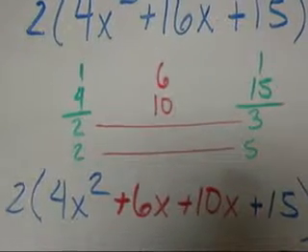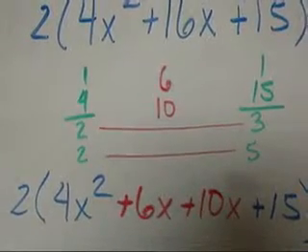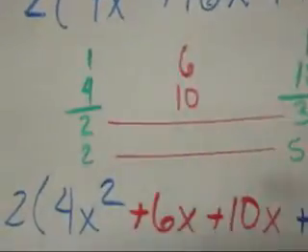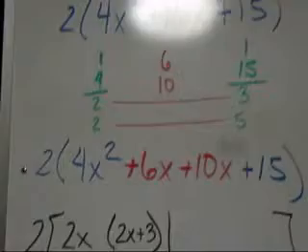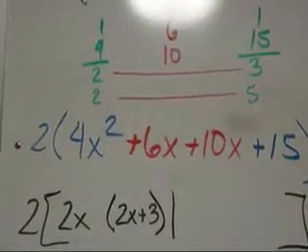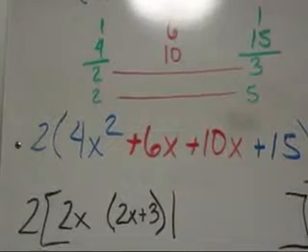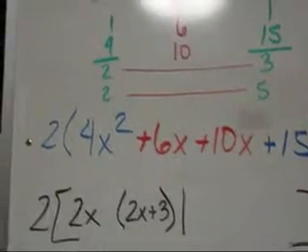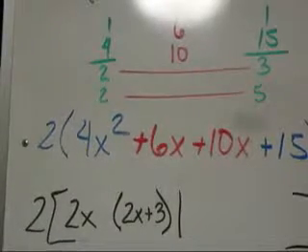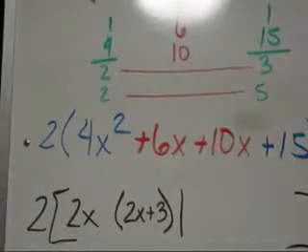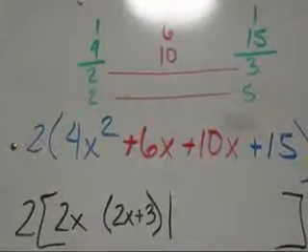Well, now we're still going to do the factoring by grouping with the stuff inside the trinomial. We just have to remember to bring down the common monomial of the 2. So here's the 2 on the outside of my brackets. I split the problem in half, and what's common to 4x squared plus 6x is the 2x, leaving inside 2x plus 3, because 2x multiplied by 2x is 4x squared, and 2x multiplied by positive 3 is positive 6x.